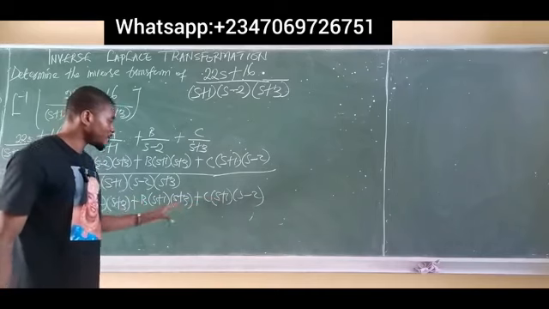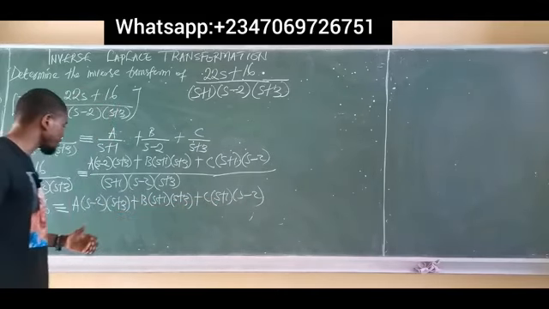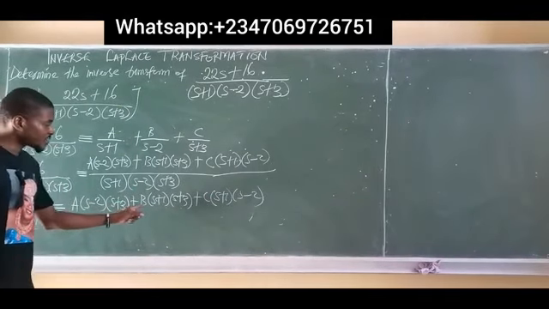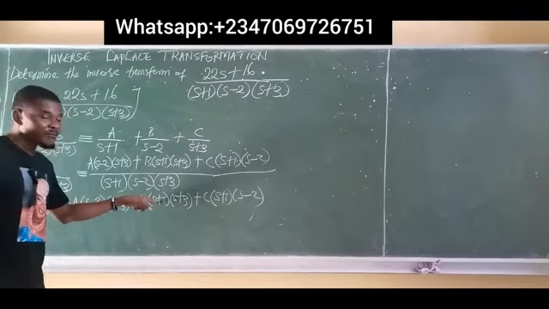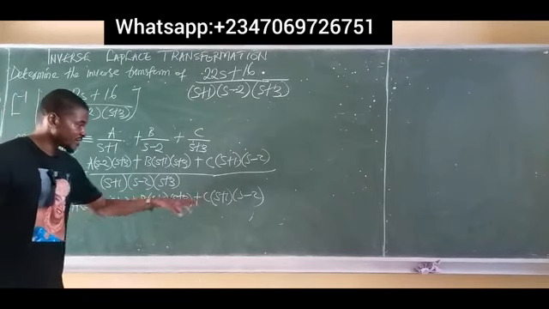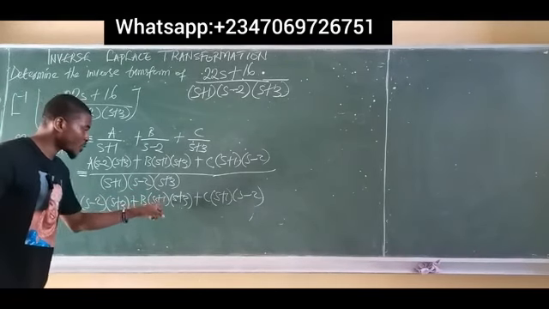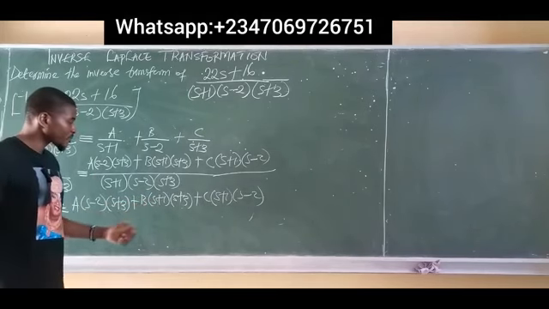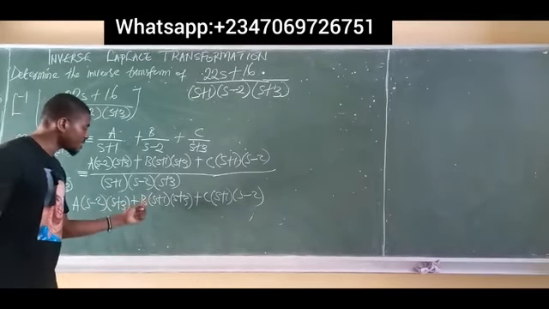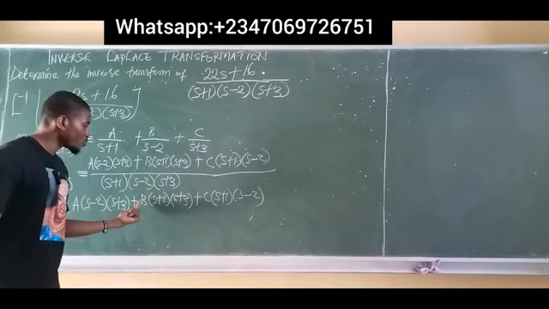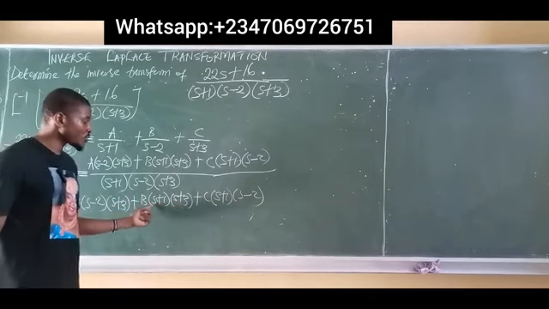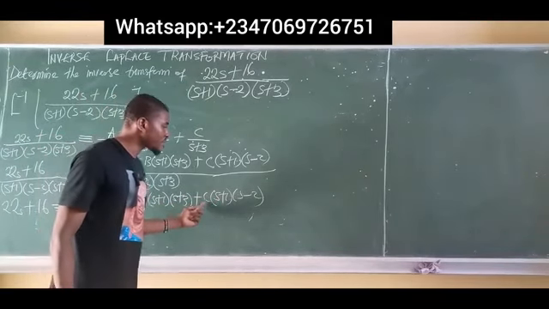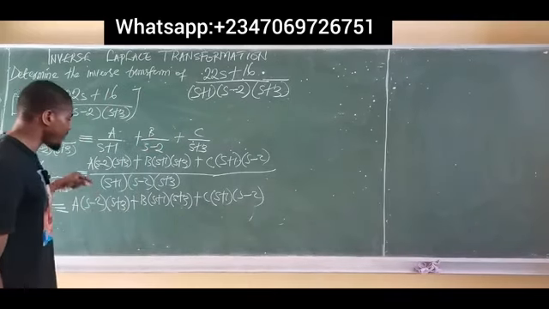They have the same term, (s + 1) and (s + 1), and this is not found in A. So, in order to find A, take the inverse of the number inside that bracket that is common between B and C. In (s + 1), I have plus 1. The inverse of plus 1 becomes minus 1. So simply say, let s be minus 1. If s is minus 1, automatically it's going to become minus 1 plus 1, which means everything here becomes 0, because 0 multiplies everything here. Same thing happens to C, minus 1 plus 1, automatically everything here becomes 0. Hence, I can find the value of A.